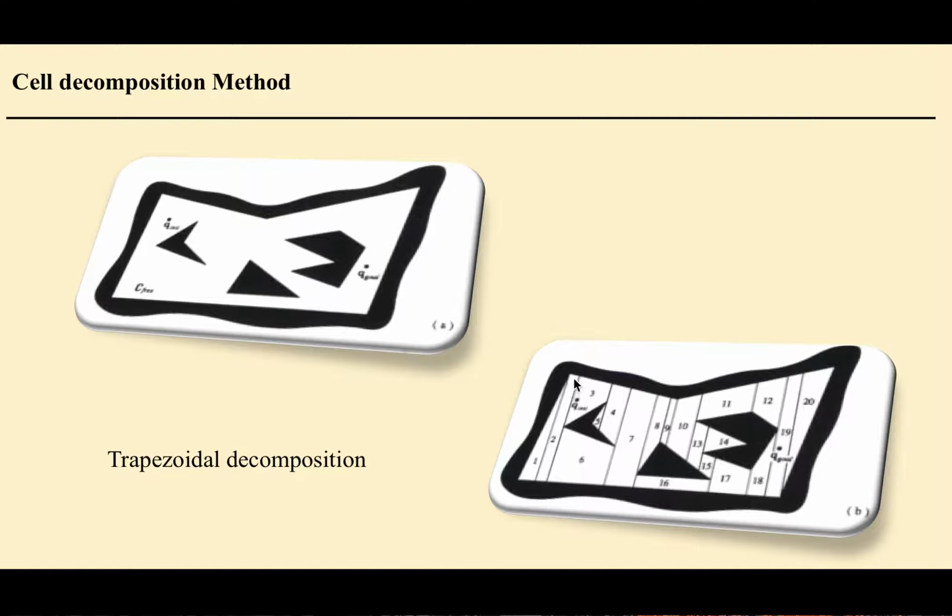We have 1, and 2 is the vertical that passes on this vertex right here. Number 3 passes on this vertex, but we have to make sure that we're not crossing the obstacles. We stop at the obstacle as a frontier. For the 4th, we're drawing the vertical that passes on this edge, and so on and so forth. We are just giving numbers to those cells.